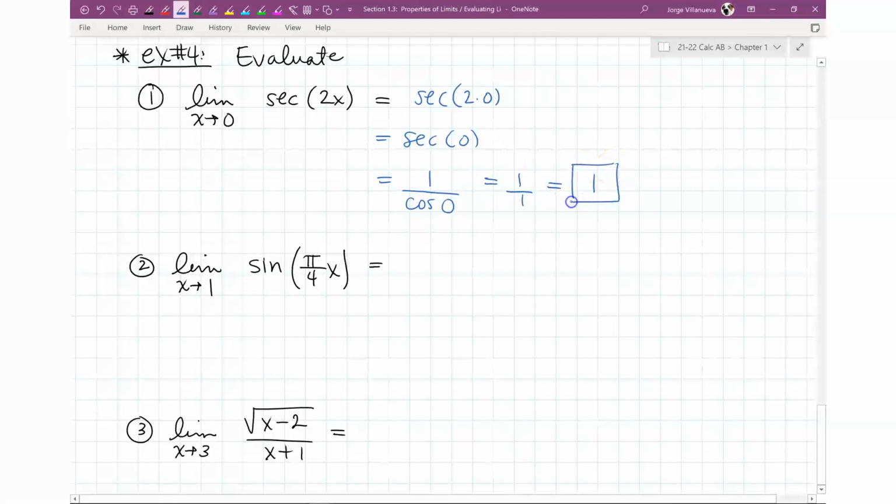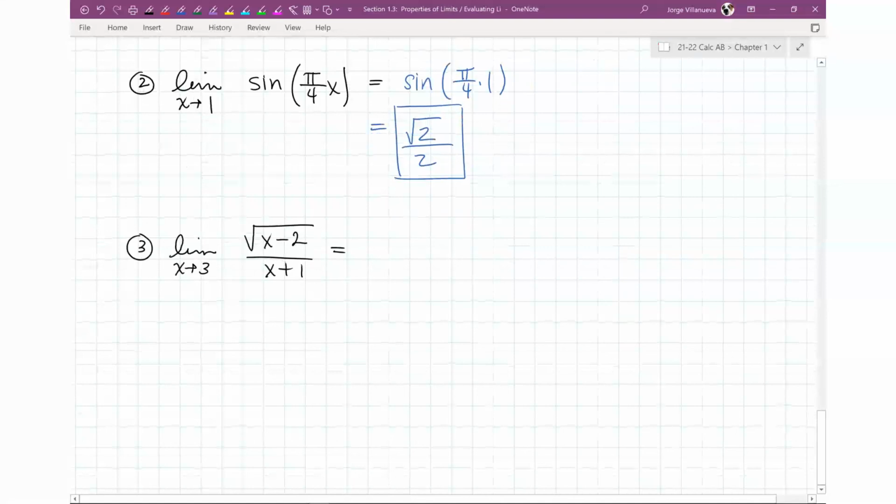So there you go. For the next one, use direct substitution as well. So you get sine of pi over 4 times 1, which is just sine of pi over 4. That would be what? Rad 2 over 2, or 0.707 something.